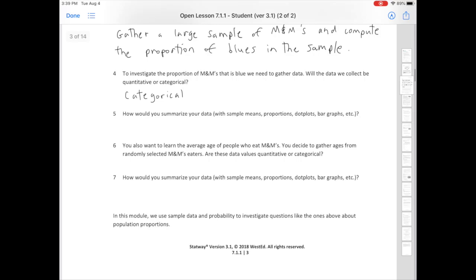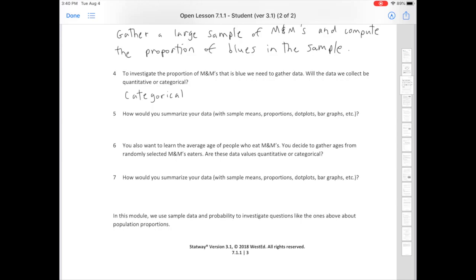How would we summarize the data? Let's say that we got a sample and we calculated how many blues we had in that sample. Well, what we could do is use proportions. This is a natural way. We could count the number of blues within the sample, and then divide it by the total size, and that would be the proportion.